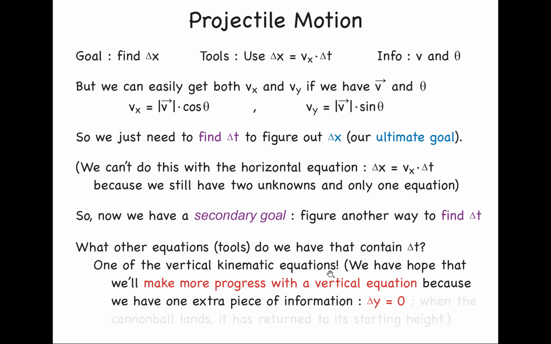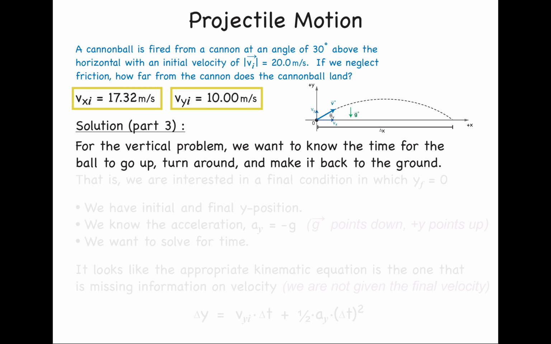But by definition, if it was shot off from the ground and it ends up at the ground again, then in the y direction, its displacement is 0. It ended at the same height that it started with, from 0 to some height, but back down to 0. So by the time the cannonball lands, it is returned to its starting height. And so we have this extra piece of information that might help us make progress.